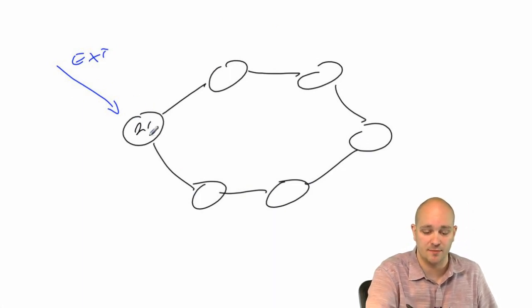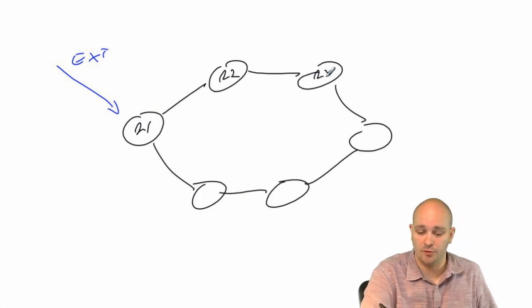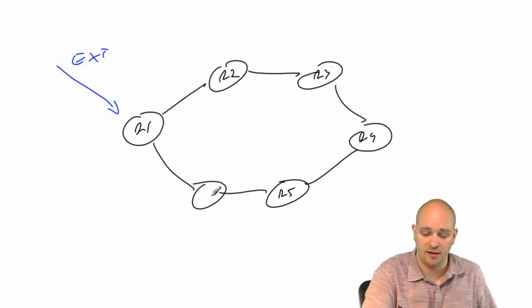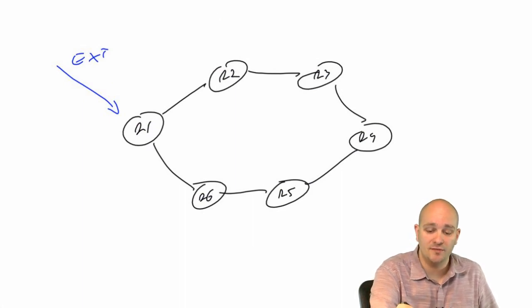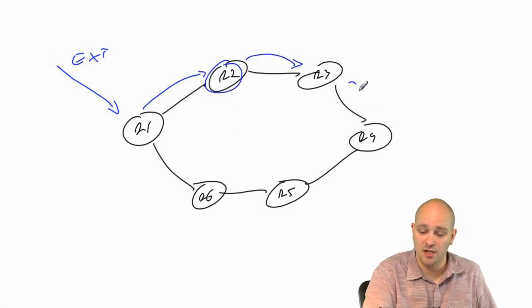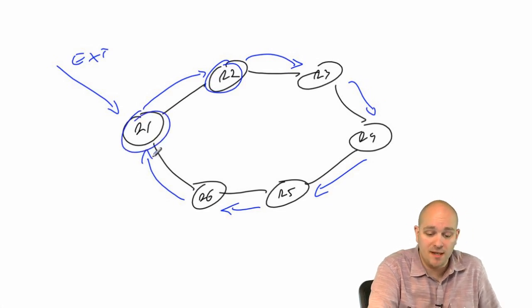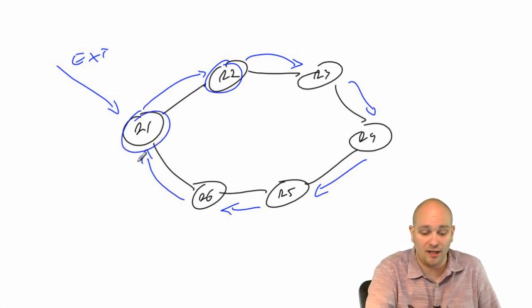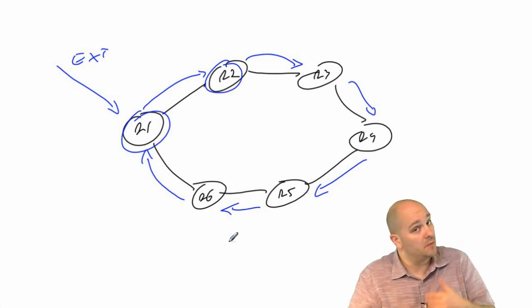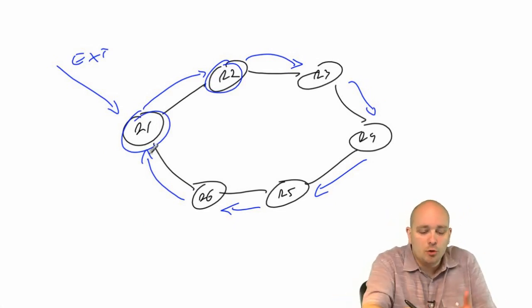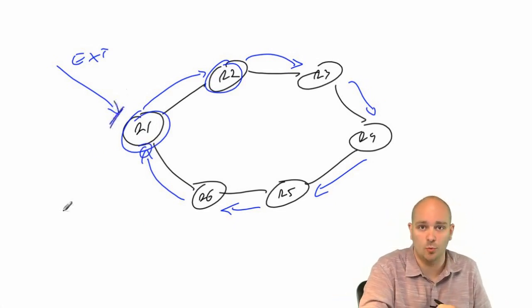So let's give these routers names, R1, R2, R3, R4, R5, and R6. So we could have a situation that this route here gets advertised here, then advertised here, here, here, here, and back to R1, which means that it would suddenly become an internal route, and it could, because, you know, in BGP we can modify any policies that we like, we could make this route be better than this one.